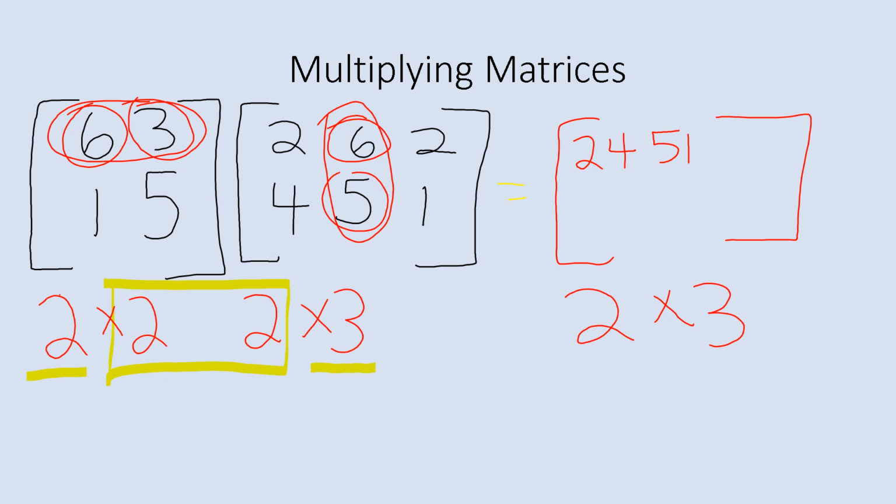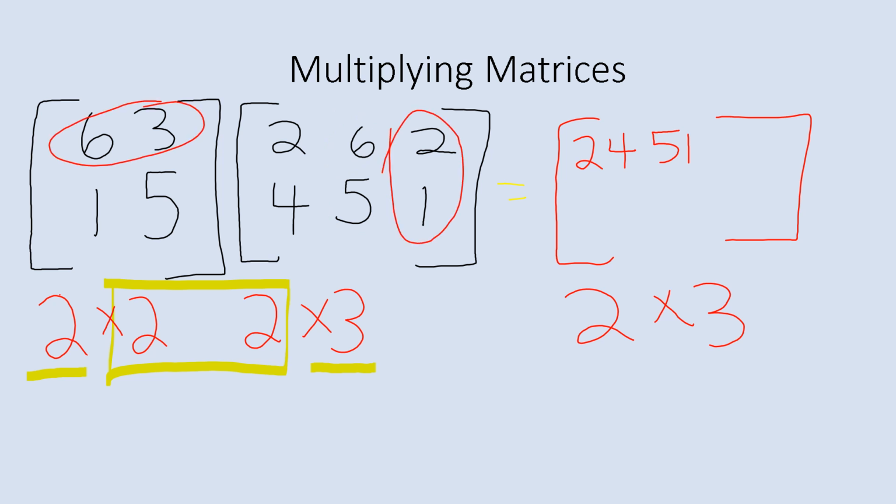And then we have the first row again multiplied by the third column. 6 times 2 is 12, plus 3 times 1 is 3, 12 plus 3 is 15.